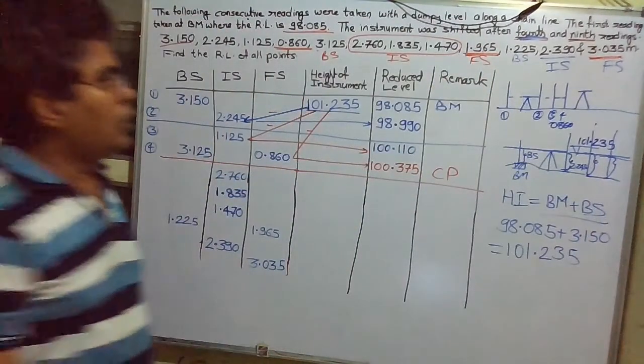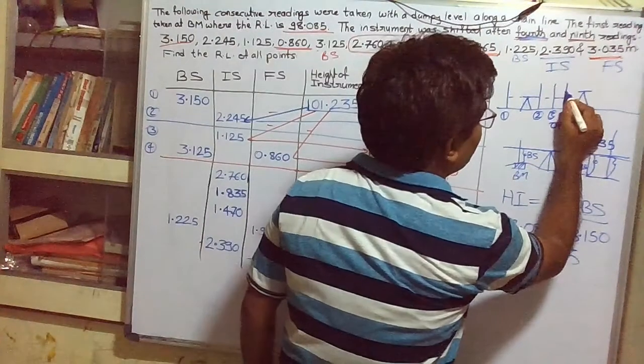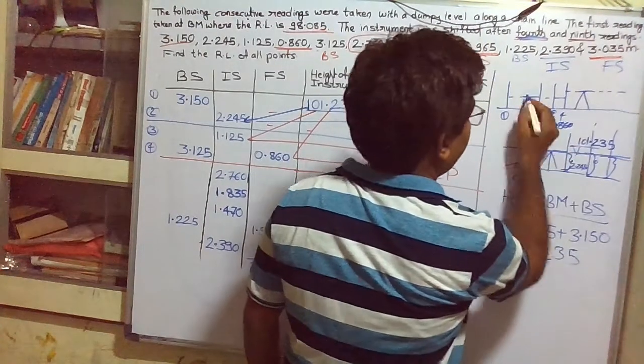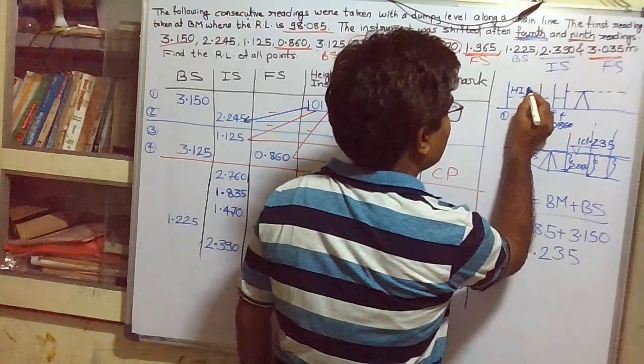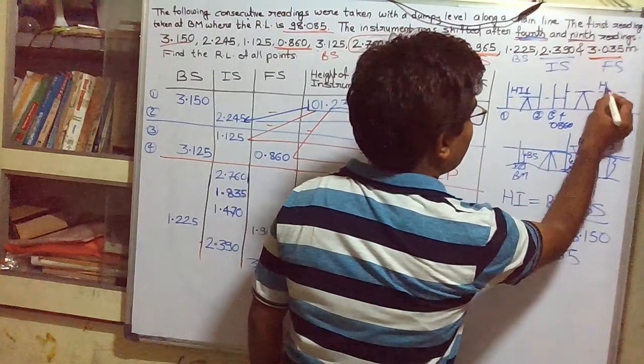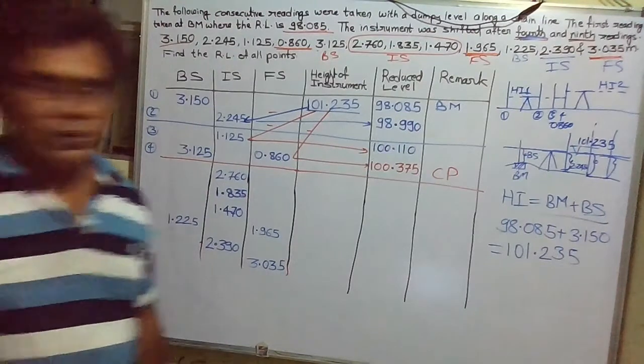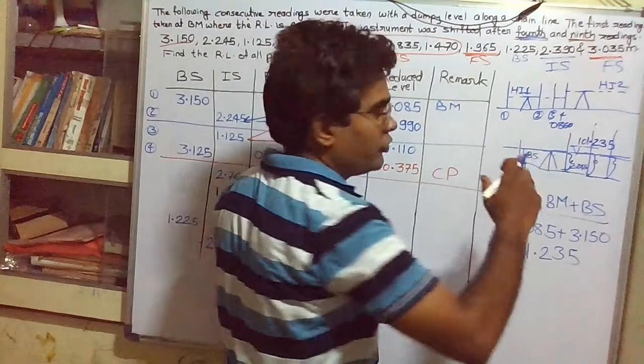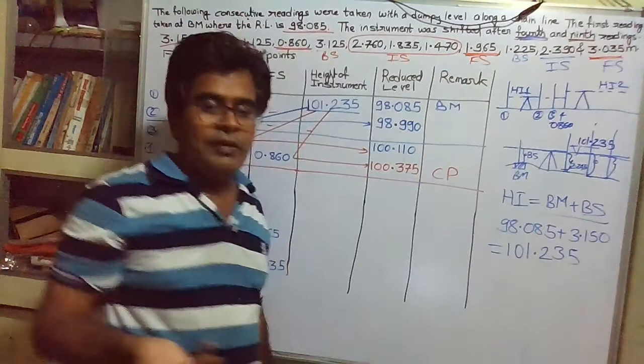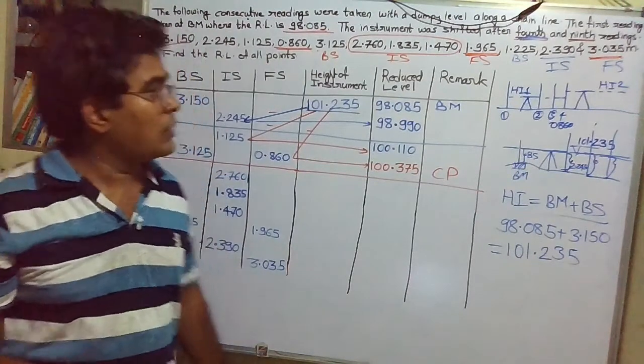So at this point, our height of instrument will be different. This is our HI1, and there will be another HI here, HI2. Got it? So after shifting the instrument, we will get a new HI. And how to calculate it?